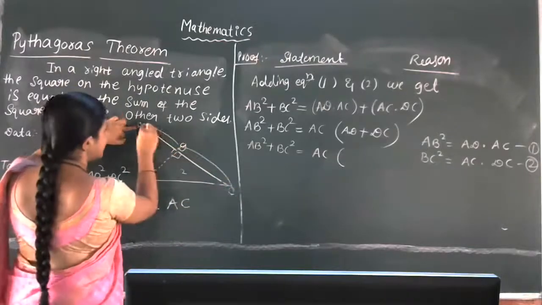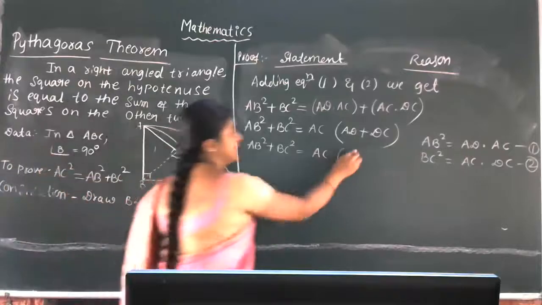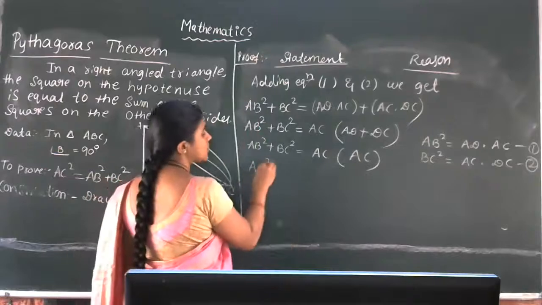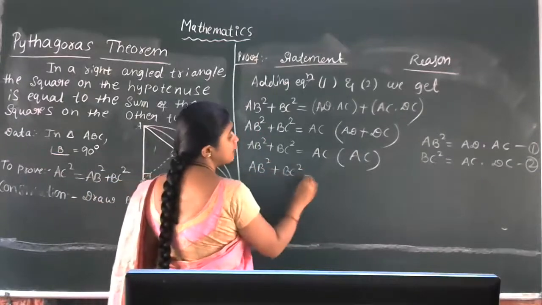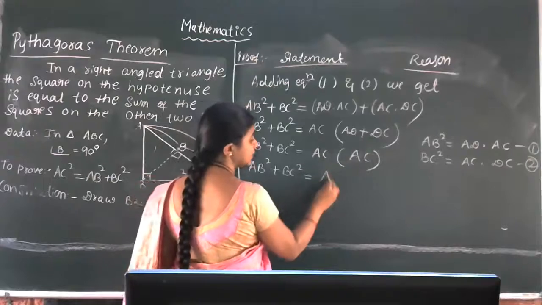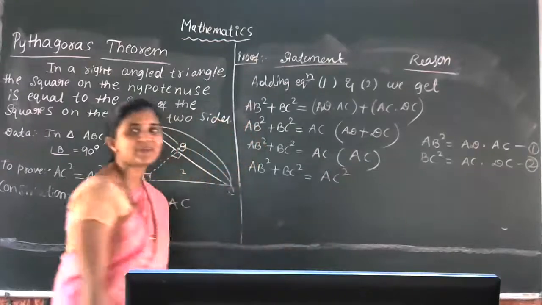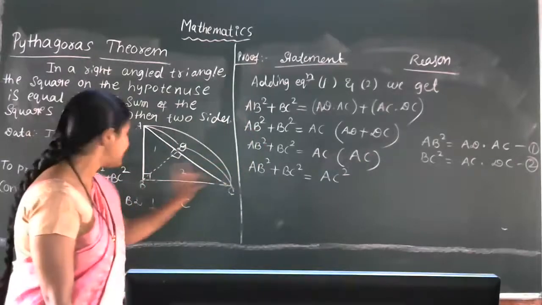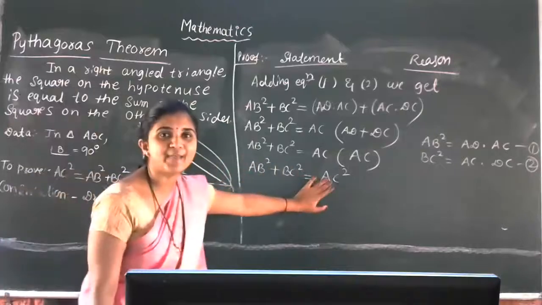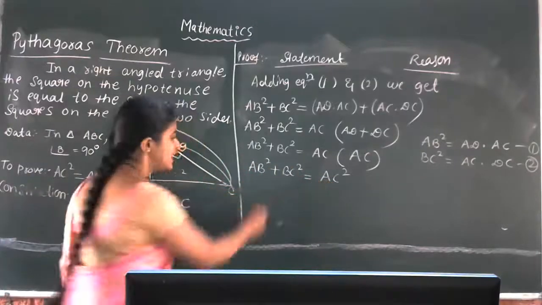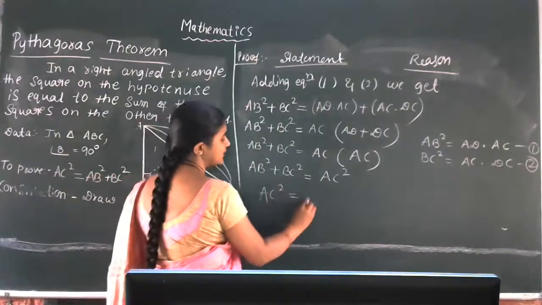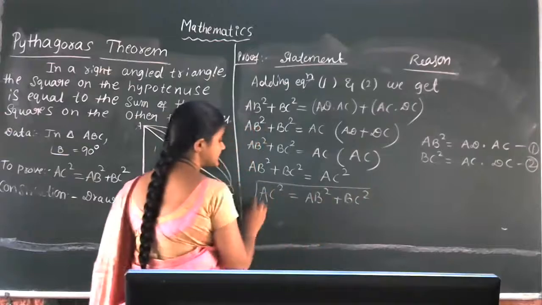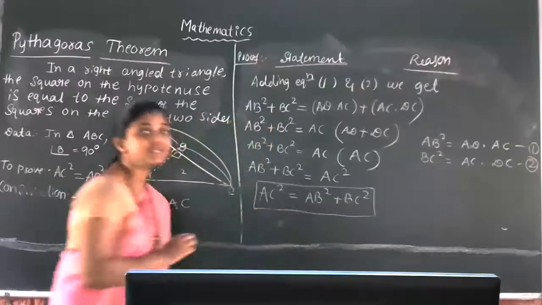Using Pythagoras theorem, we can easily work this out. According to Pythagoras theorem, AC square is equal to AB square plus BC square. Now, AC is given, that is 17 whole square, which is equal to AB, that is 8 square, plus BC square, which is unknown.